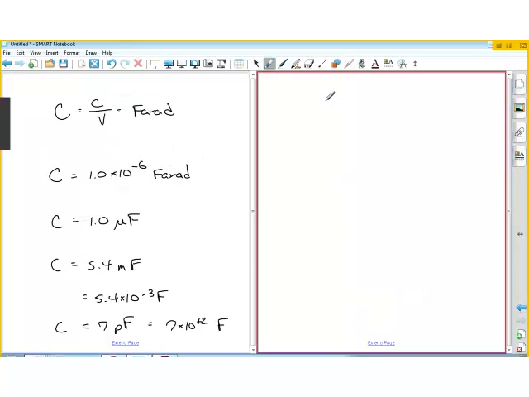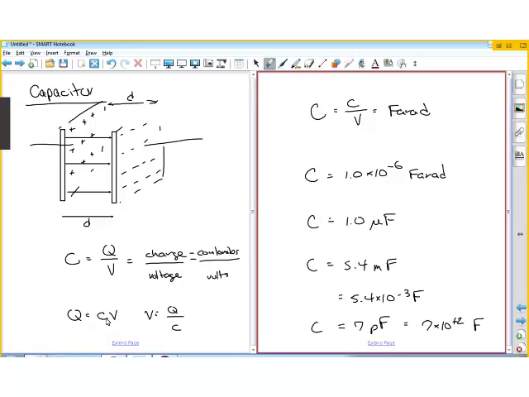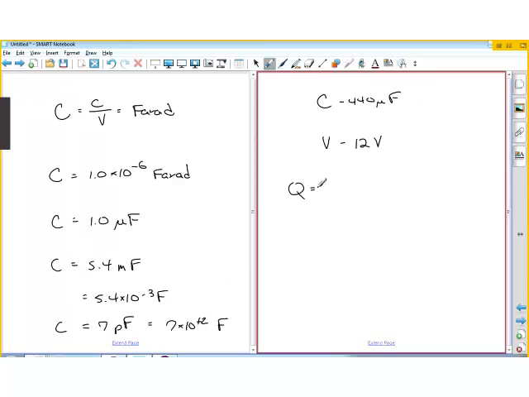So let's say I have a capacitor which has a capacitance of 440 microfarads, and I apply a voltage across that capacitor of 12 volts. What's the charge on each plate? You'll have a negative charge on one plate, positive charge on the other plate. So the charge is equal to capacitance times voltage.